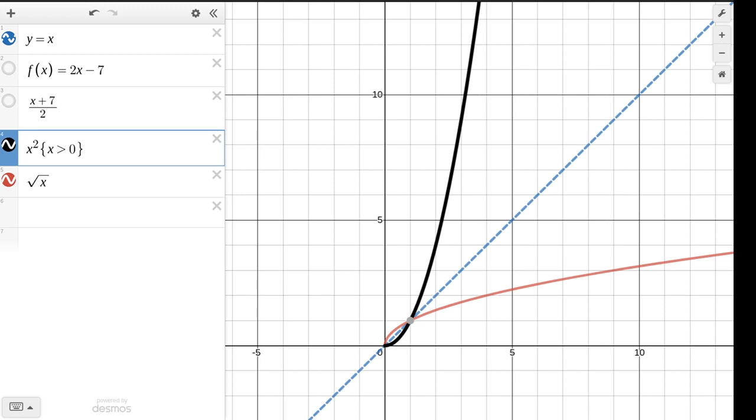Well, there is a test we can do for this. I'm going to compose f of its inverse. So f composed of its inverse, this is going to fall in for its x value. Now let's simplify. The 2's cancel, and I get x plus 7 minus 7.